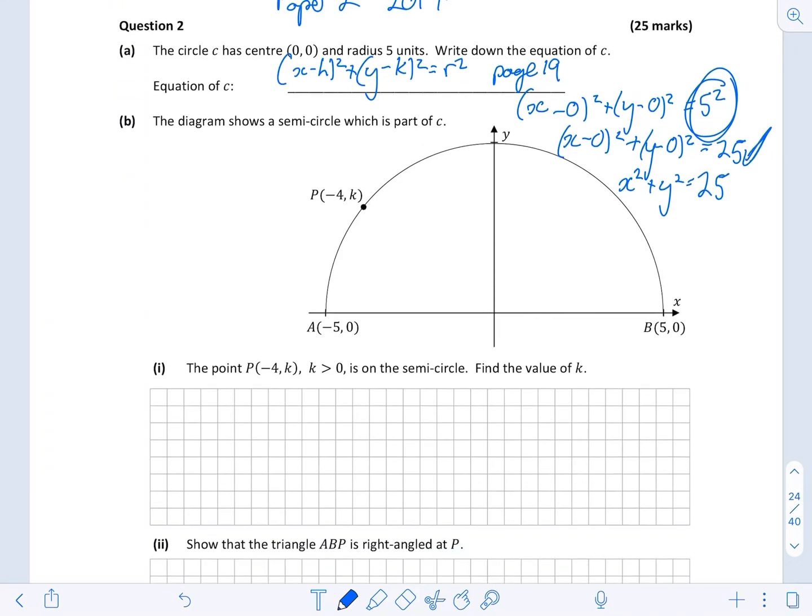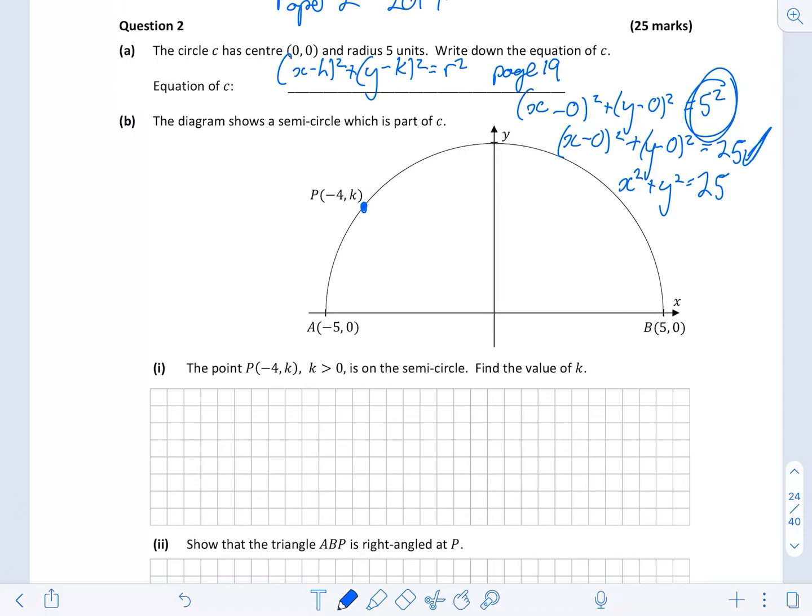Next question. The diagram shows a semicircle which is part of C. The point P (minus 4, k), this guy here, and k is greater than 0, is on the semicircle. Find the value of k.